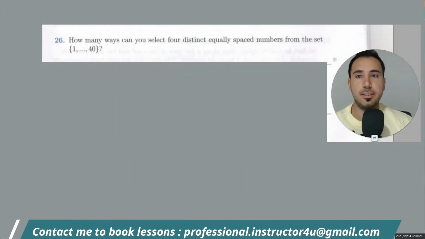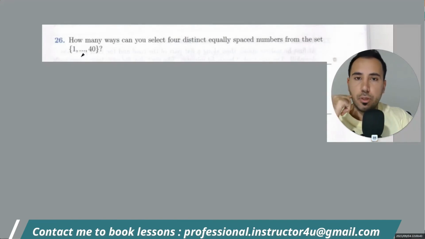How many ways can you select 4 distinct equally spaced numbers from the set 1 to 40? I think it's an easier question than the previous one. So we just have to be careful not to make a mistake.